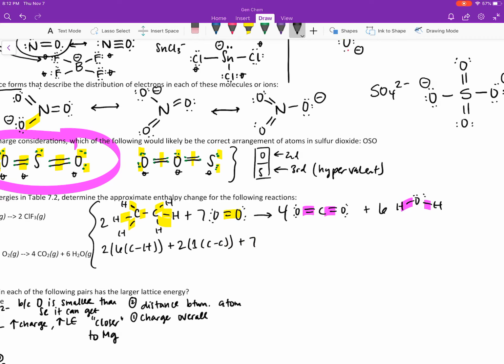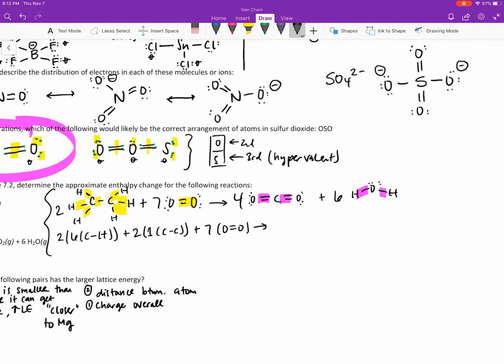I'm going to add that to the 7 oxygen double bonds, which leads to 4 molecules of CO2, each of which has 2 carbon-oxygen double bonds, and then 6 molecules of water, each of which has 2 OH bonds.